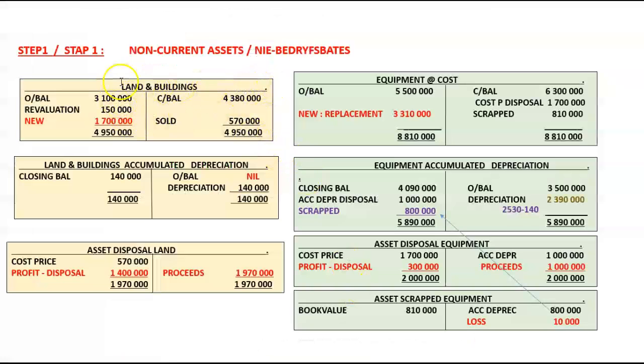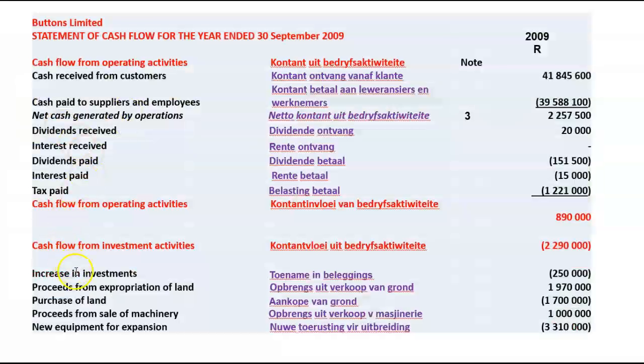We have accounted for opening balance, closing balance, revaluation. We have accounted for the asset disposal. So the balancing figure on our land and buildings account is going to be our new buildings for 1.7 million rand. Now our new buildings for 1.7 million rand, that is now going to be shown under investing activities.